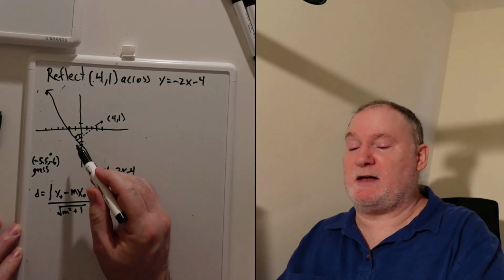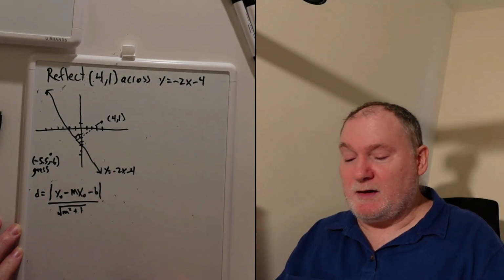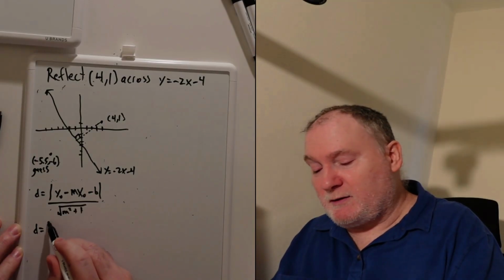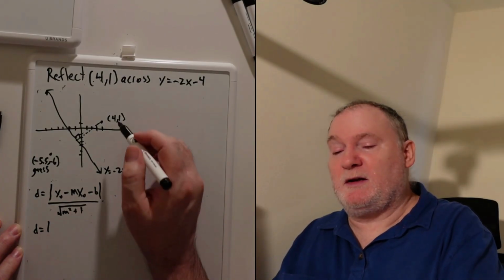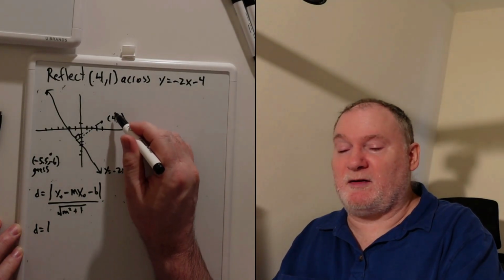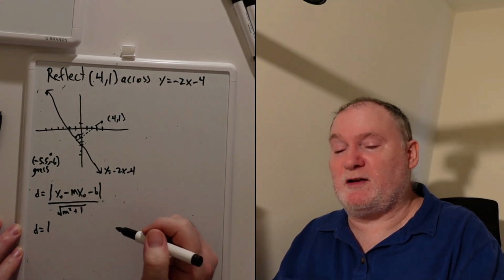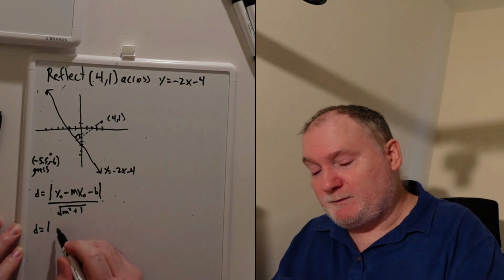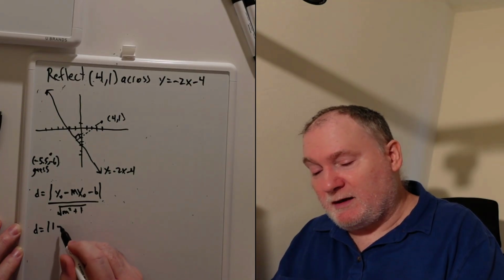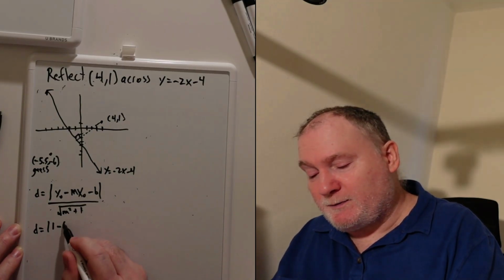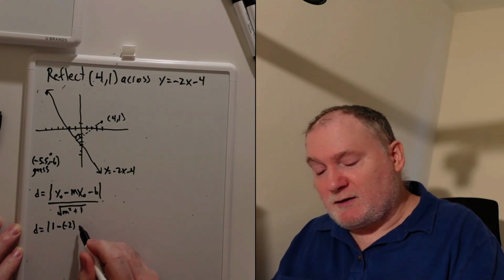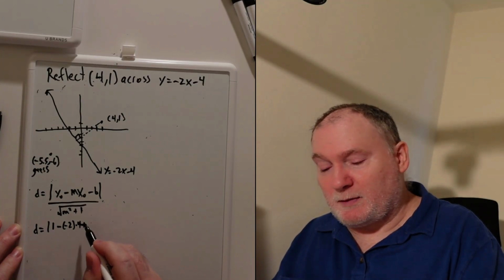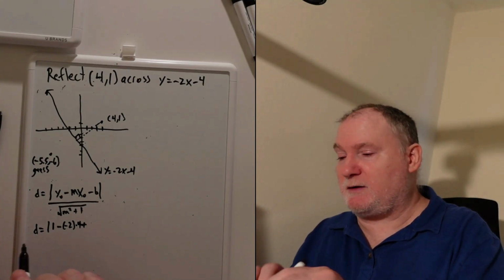So we put a little notch there for a right angle. All right, so our distance is equal to y naught. So this is x naught, y naught for the purposes of this equation. So x naught is 4 and y naught is 1. So 1 minus, and the slope is -2. So -2 times x naught, which is 4, plus, or no, I looked at the wrong spot.